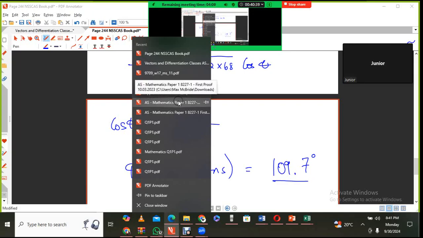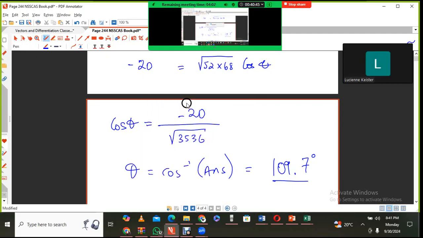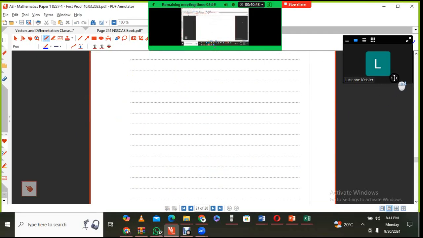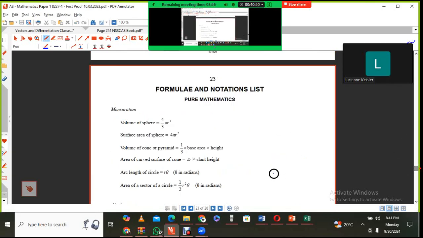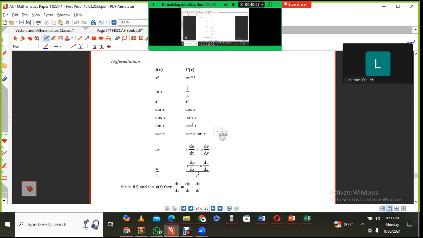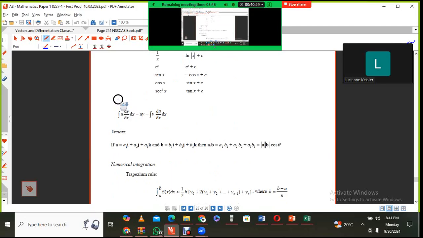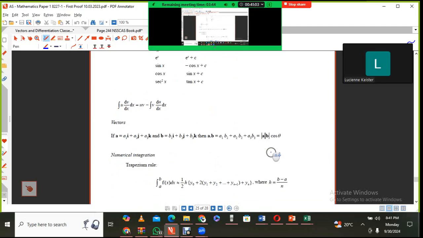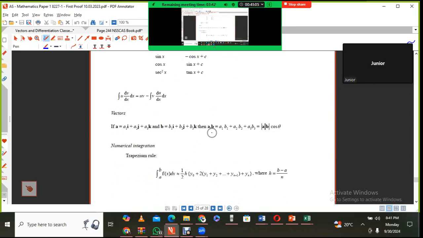In your question papers at the end of the year, in your list of formula and notation, for vectors, you have your dot product. Can you see that? Yes. That's what we've been using so far when I was multiplying our two vectors.